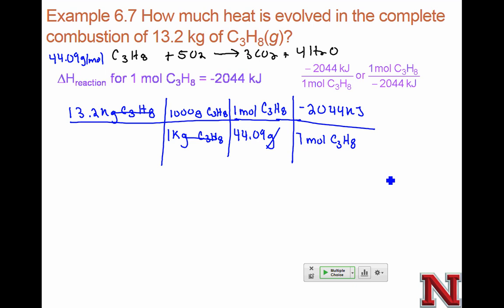The negative represents exothermic. So because we're using way more than 44.09 grams, it makes sense that we're forming a lot of heat in this reaction. And of course it's going to be a negative term because it is still exothermic.